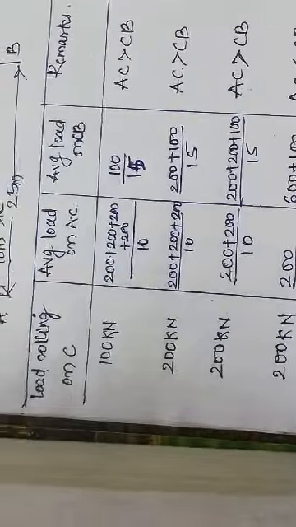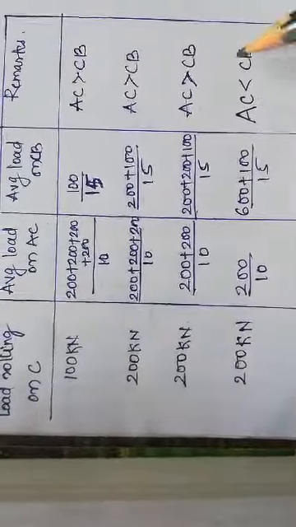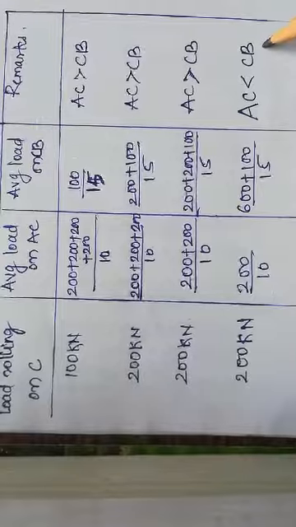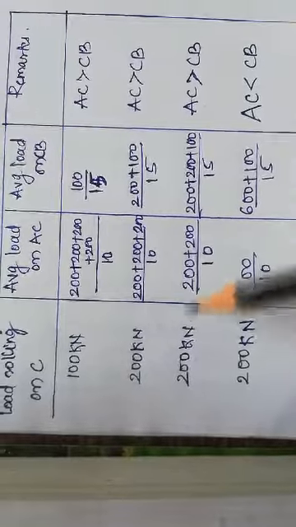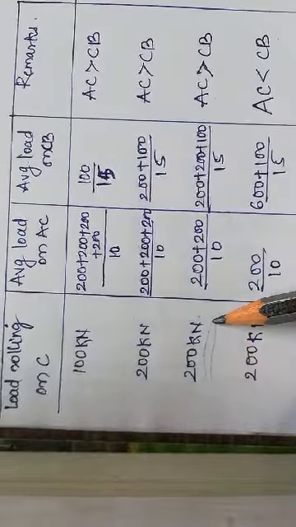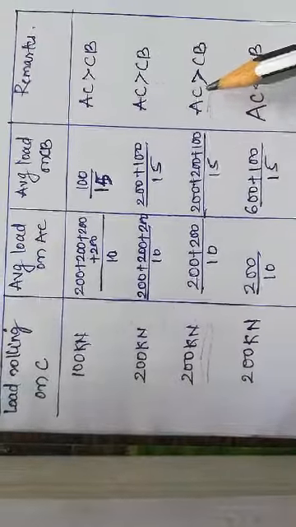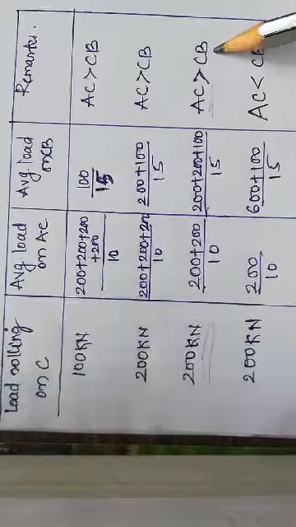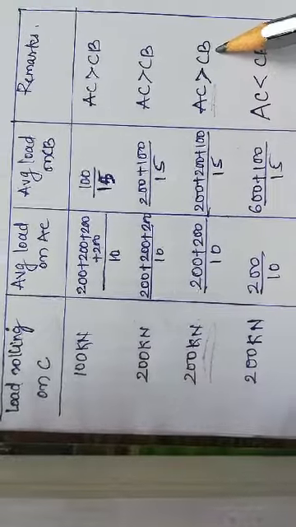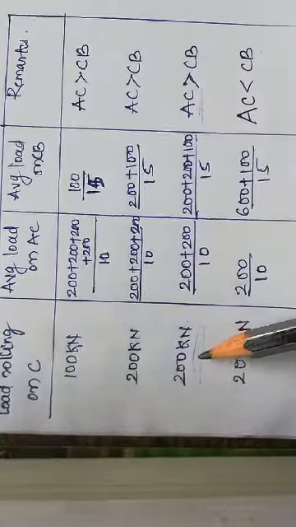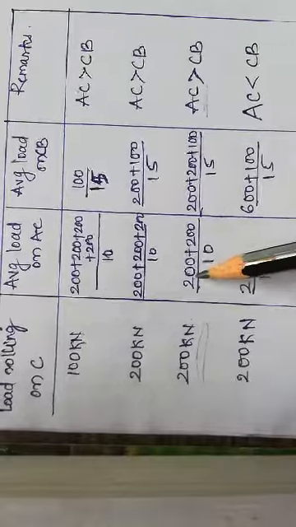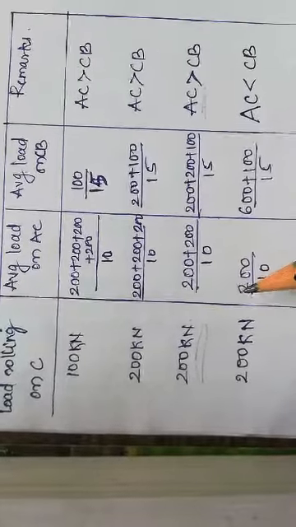Now what happens? The AC section turns lighter than the CB section. When the second 200 kilonewton load crossed point C, the AC section was heavier than the CB section, correct? Next we allowed the next load to pass point C. That time what happened?